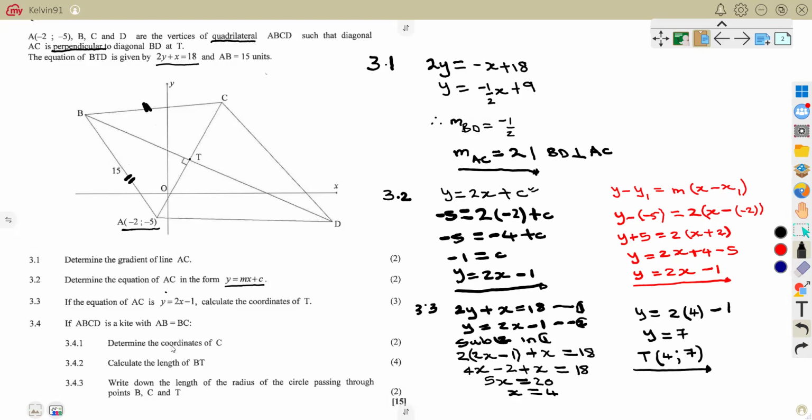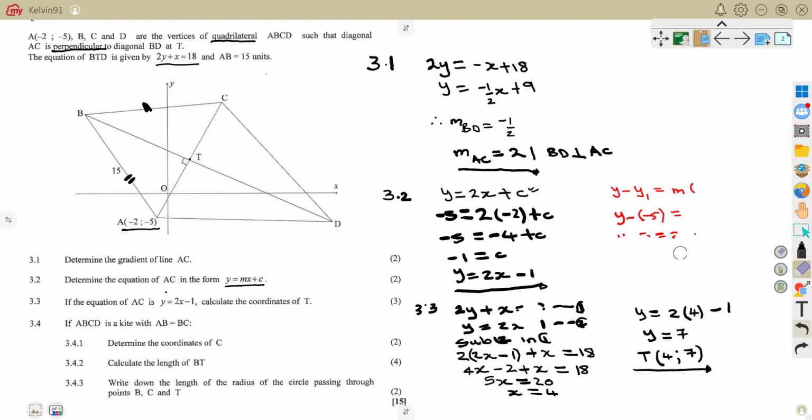They now ask us to determine the coordinates of C. To get the coordinates of C, let us erase what we have now. We just want to erase this side.